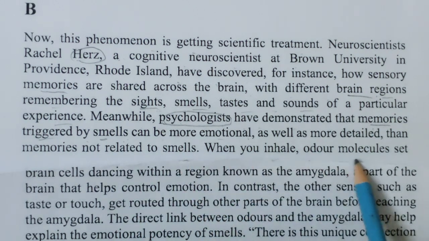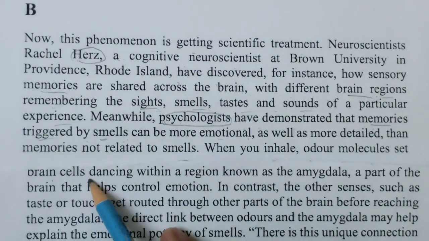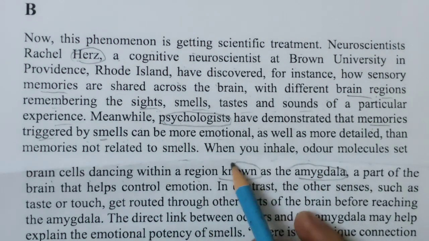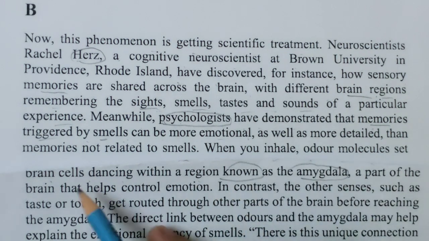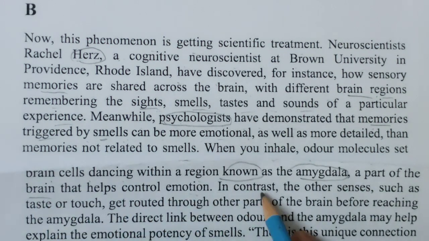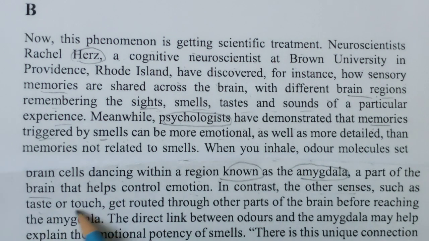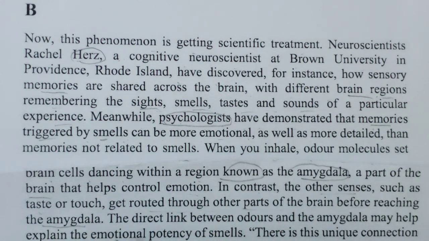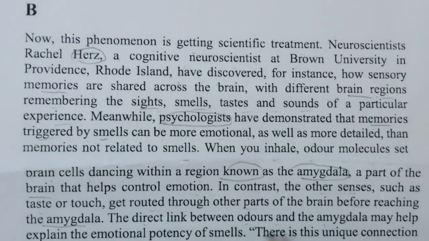When you inhale, odor molecules set brain cells dancing within a region known as the amygdala, a part of the brain that helps control emotion. In contrast, other senses such as taste go through other parts of the brain before reaching this. Okay, the direct link between odors and the amygdala may help explain the emotional potency of smells.